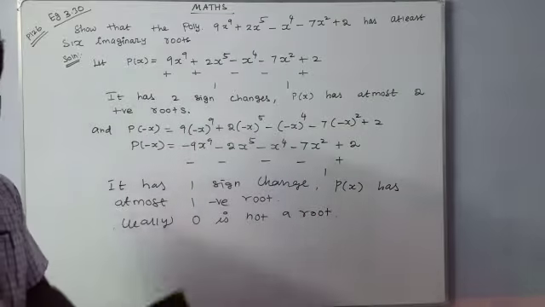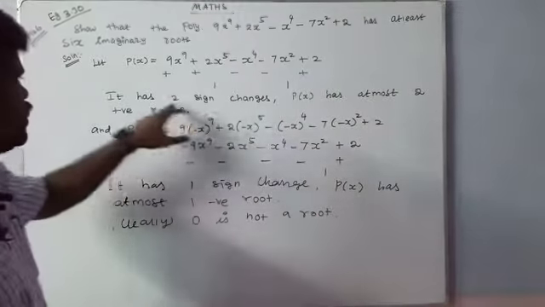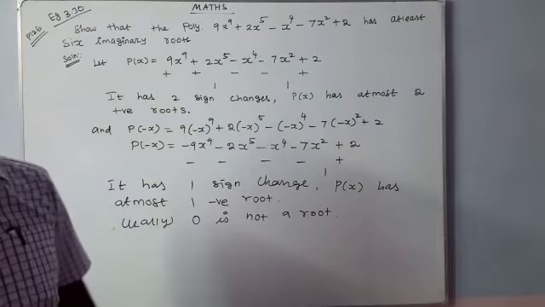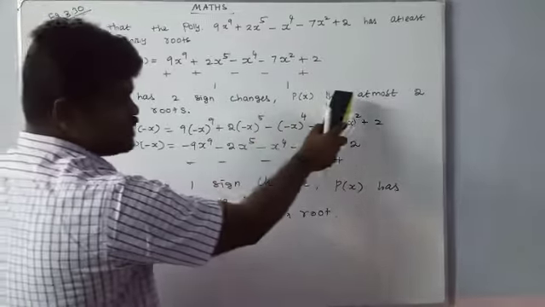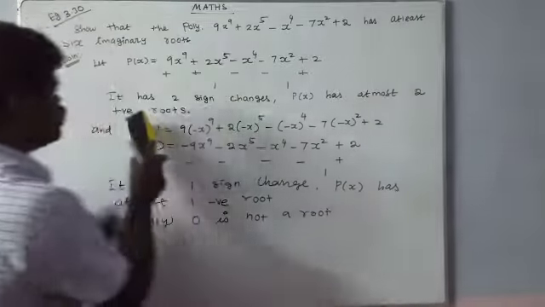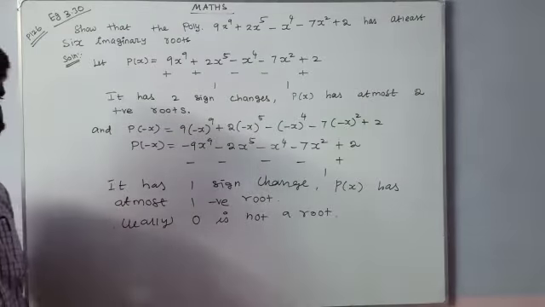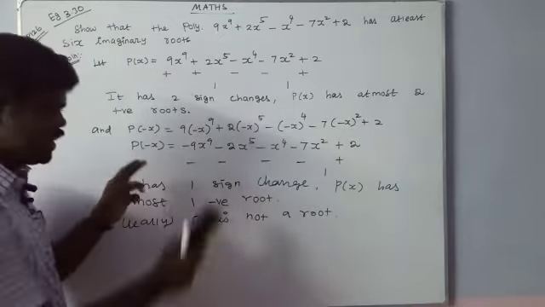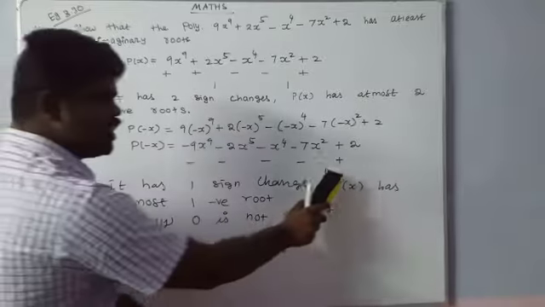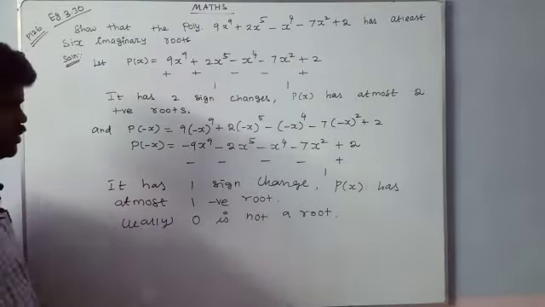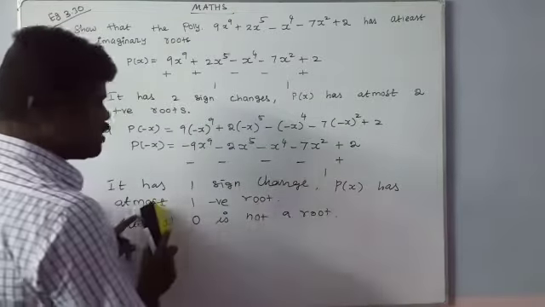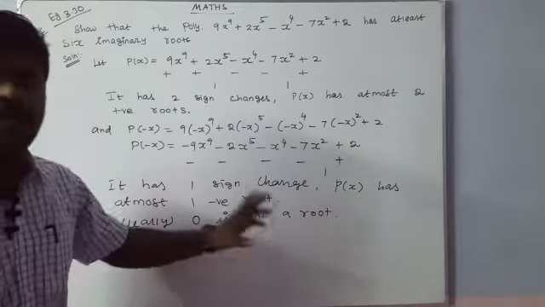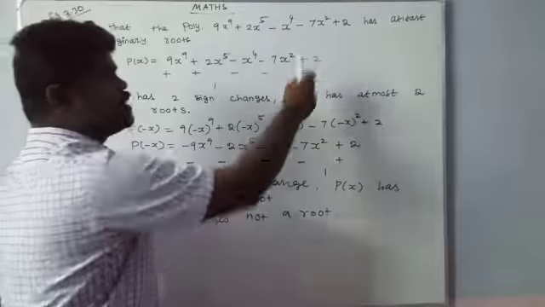We want to find three conditions. First of all, if we put p of x, how many sign changes are there? Suppose two sign changes, the equation has at most two positive roots, and p of minus x has only one sign change, so it has at most one negative root, and 0 is not a root because there is a constant term.